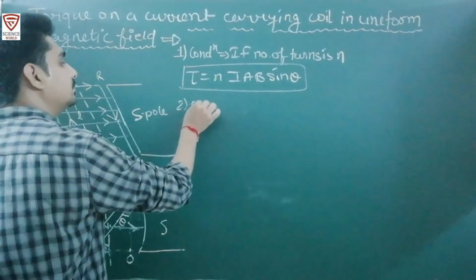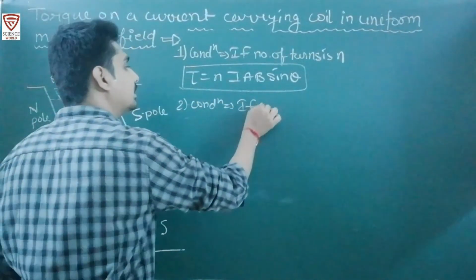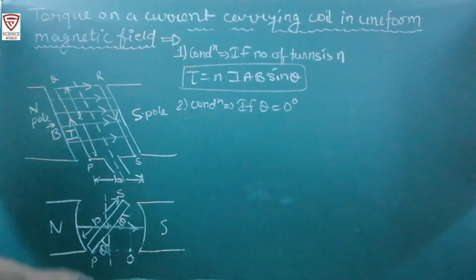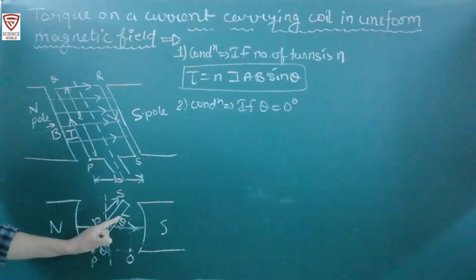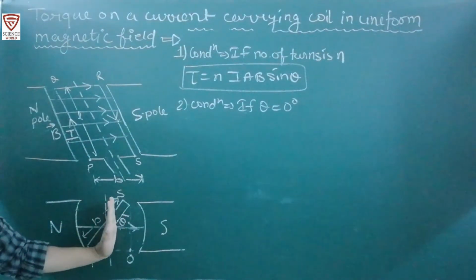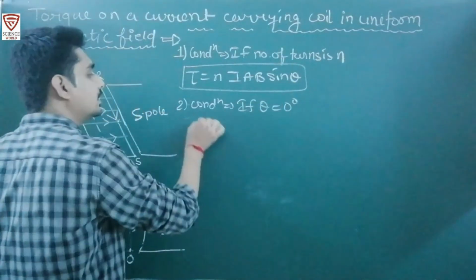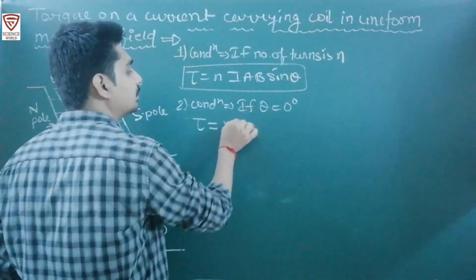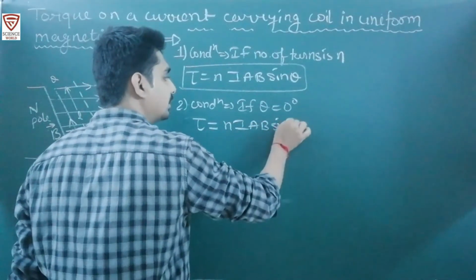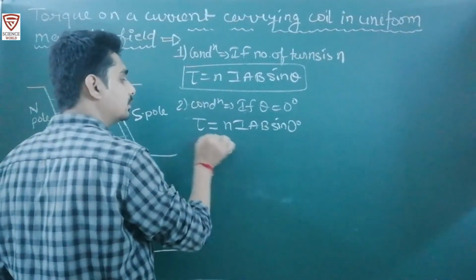Second condition: if theta is equal to 0 degree, then this coil will be perpendicular to the magnetic field. So we put 0 in this equation and we find tau is equal to n I A B sin 0, and the value of sin 0 is 0. Then tau is equal to 0.